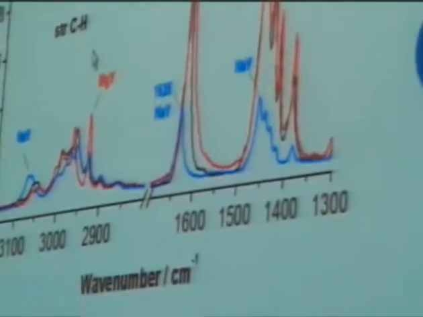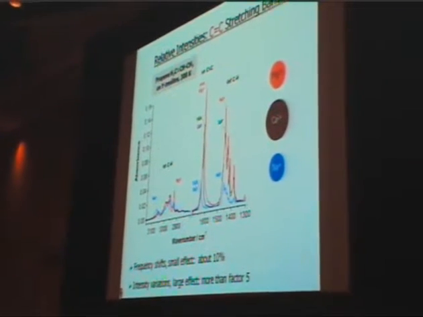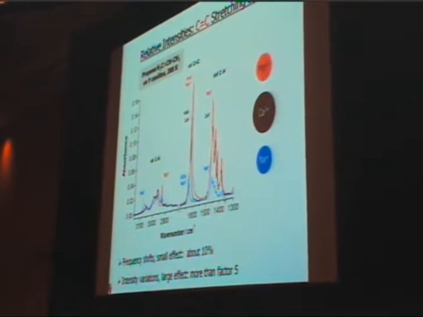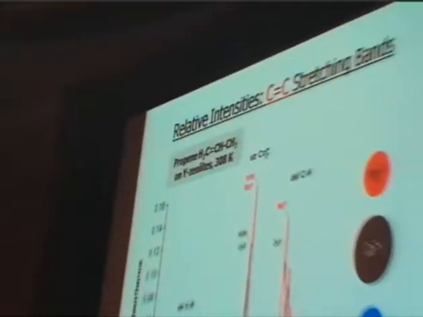This was just done by variation of the pressure. And one can immediately see that the spectrum of propene on these three different types of zeolites features a very, very different intensity distribution. And of course, we would be interested here in the CC stretching vibration, which is the most reactive feature in this molecule.